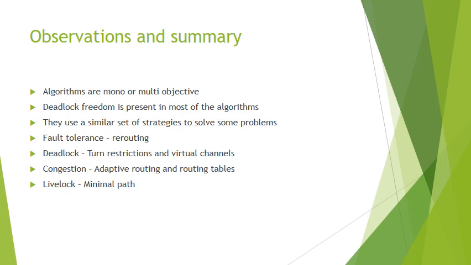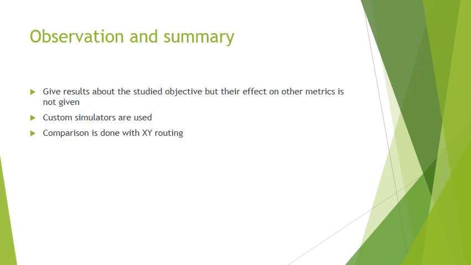For congestion, adaptive routing and routing tables are used, which make use of congestion awareness. For livelock, minimal paths are used. It is also observed that the papers present results only on the objectives that they studied.